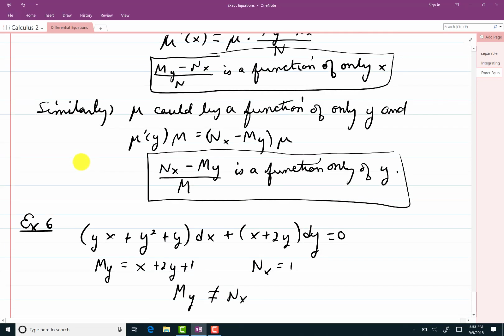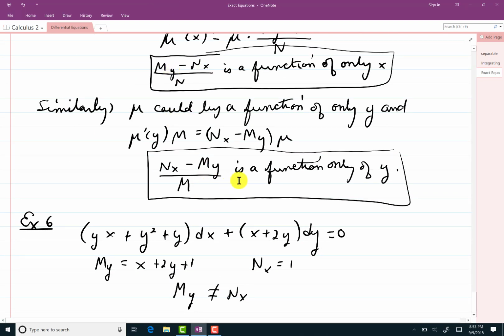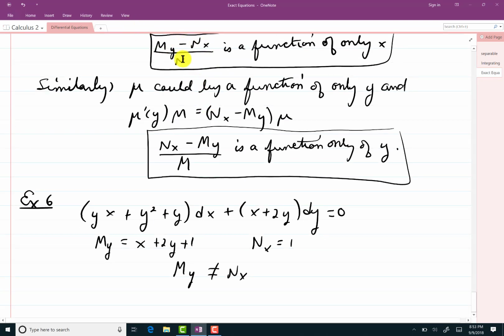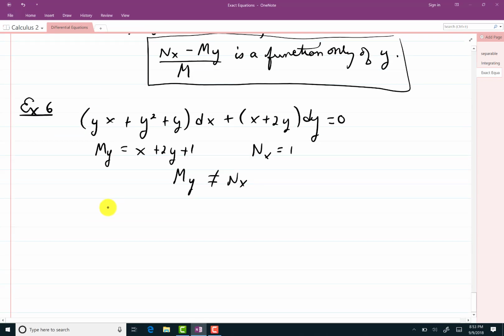So I'm going to look at both of these things and see if either one of them gives me a function of only x or a function of only y. We've already taken the derivatives that I need. I just need to divide over N or over M. So start with the first one, M sub y minus N sub x all over N. That equals x plus 2y plus 1 minus 1 all over N, and N is x plus 2y.